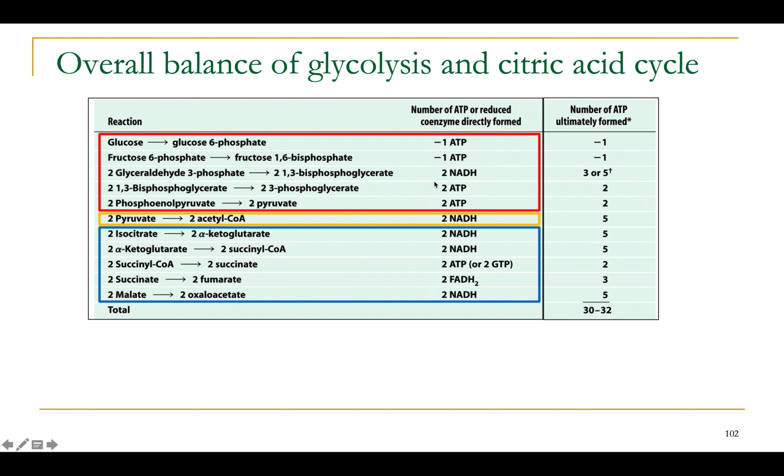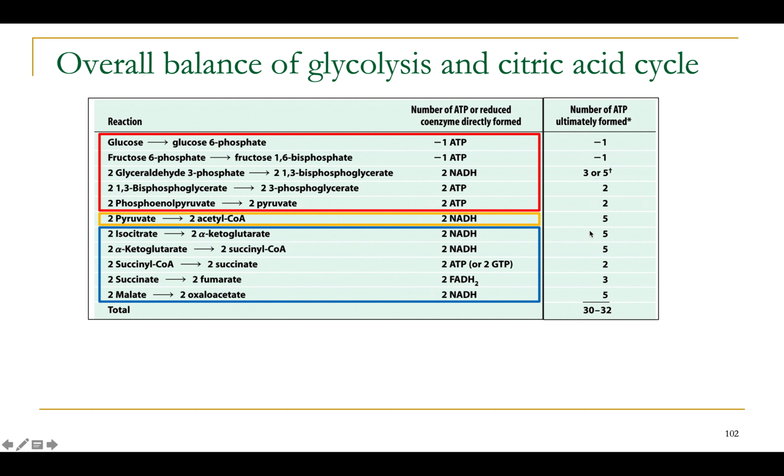evacuated during the glycolytic pathway, and this NADH at the end is fed into mitochondria and electron transport chain, and depending on the way how it's fed, as we will see later, one could get for these two NADH either 3 or 5 ATP molecules. The generation of acetyl-CoA gives us 2 NADH, hence 5 ATP molecules.